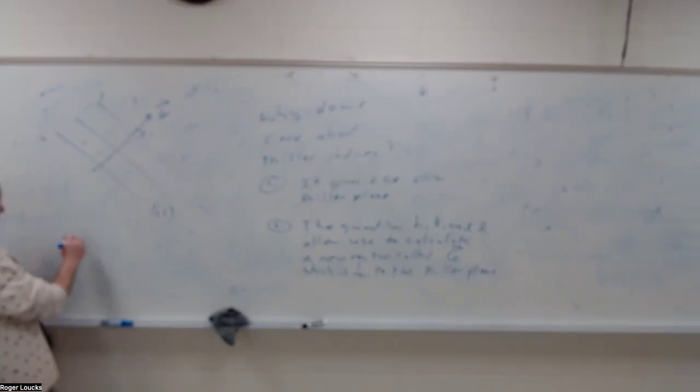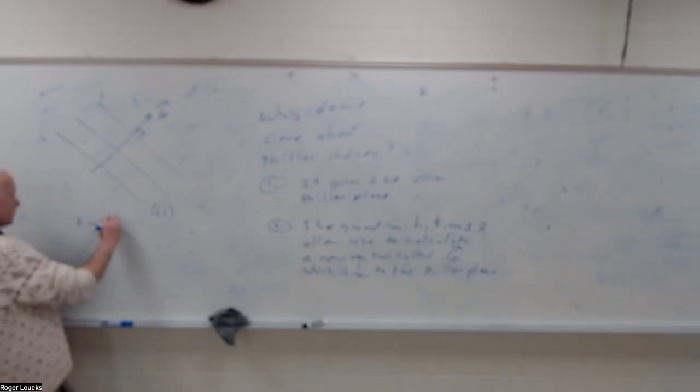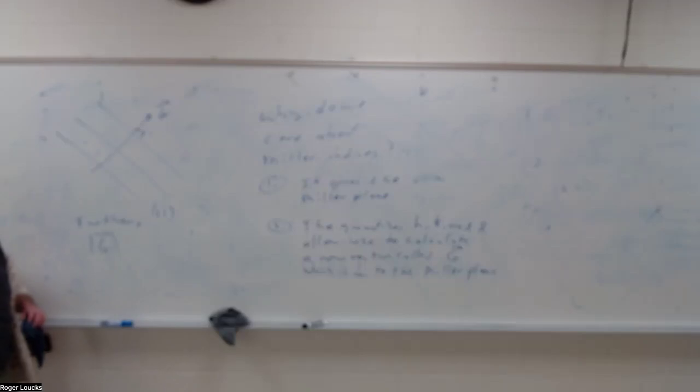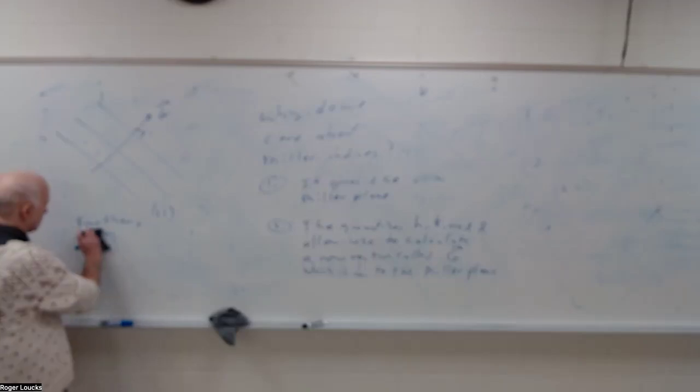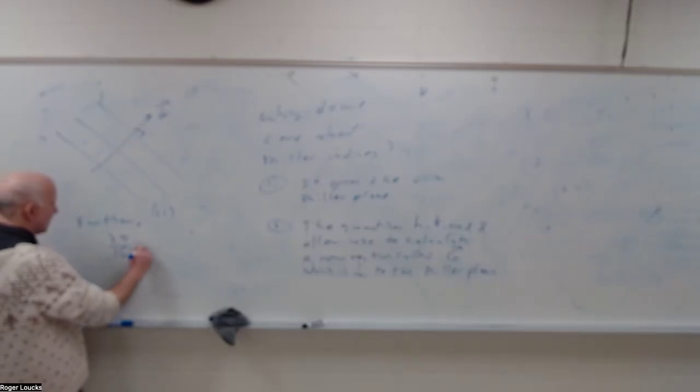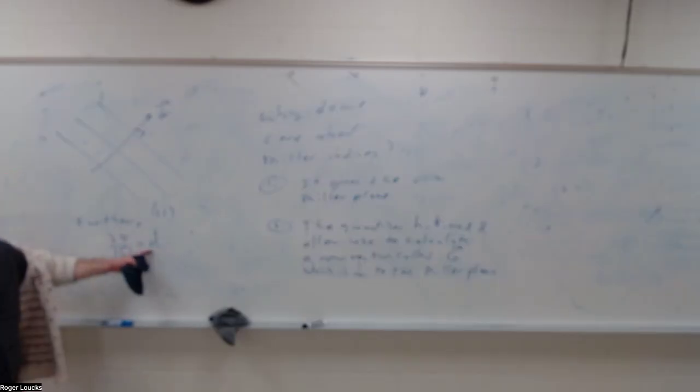Further, if you look at the magnitude of this G vector, 2 pi over the magnitude of G is equal to the separation distance between these planes.